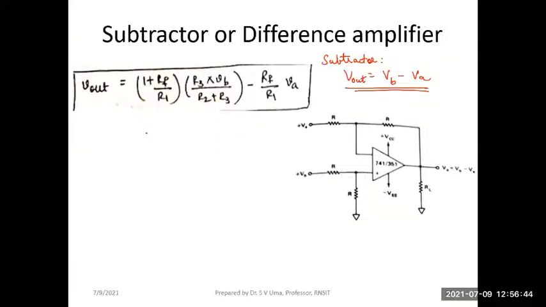See, VB is in the first term. If I have to retain only VB in the first term, what can I do?